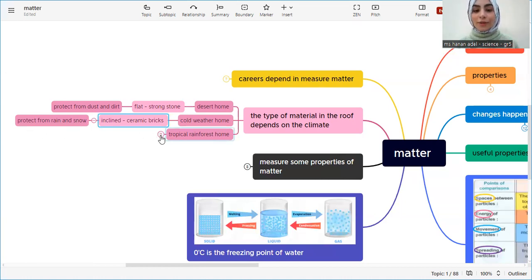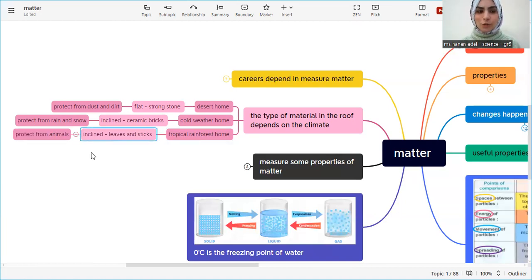Next one, which is the tropical rainforest home. We make it inclined too, and we make it from leaves and sticks. Why? To protect it from animals getting inside. How will leaves and sticks make the animals not get inside? Simply, if you remember, you studied something called adaptation before. Like if some animals change their color, why do they do this?